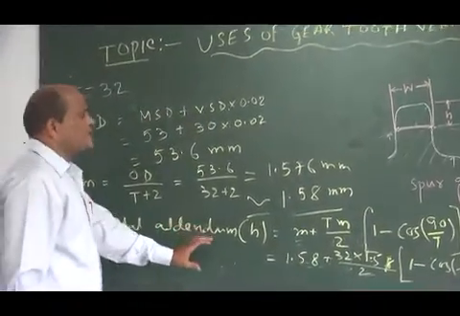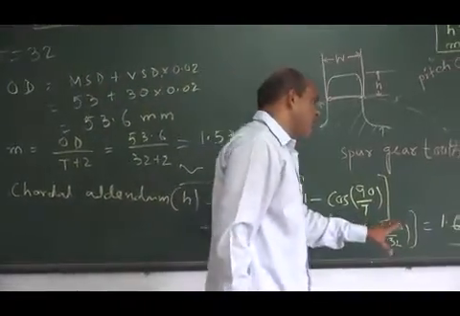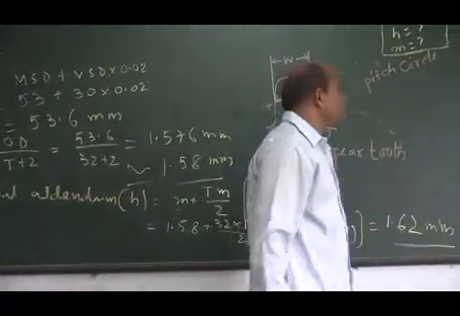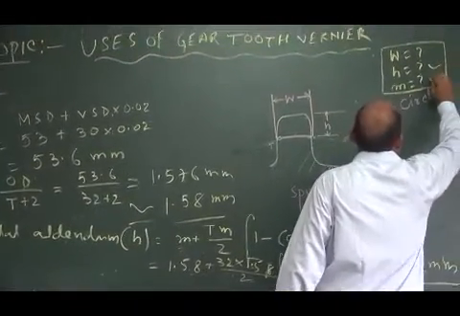Coda addendum H, by this formula we can find out, that is 1.62 millimeter. So H is calculated, M is calculated.